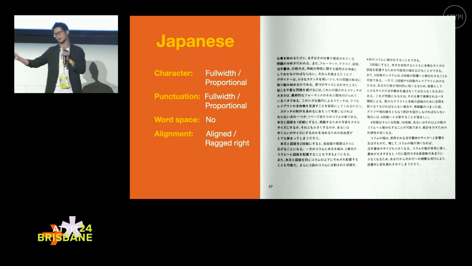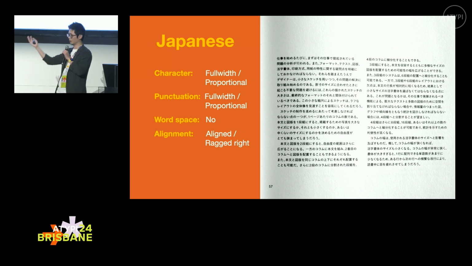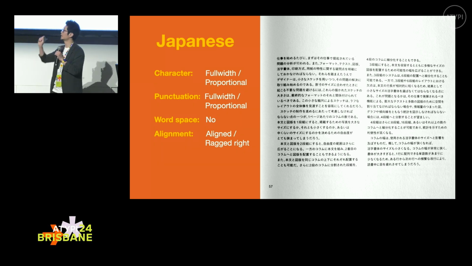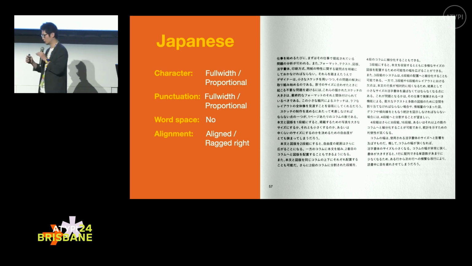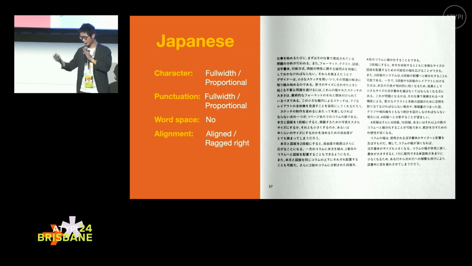A lot of Japanese designers have metrics for alternate proportional forms. For punctuation, basically it should be full width, but they still have the option. And no word space, just as in Chinese. For alignment, editorial design in Japanese should be so-called justified, but a lot of Japanese designers have the option to use other designs.